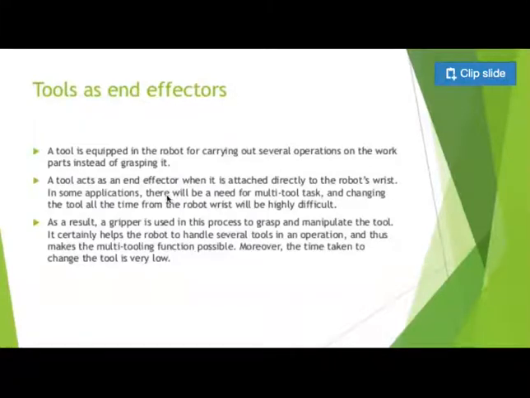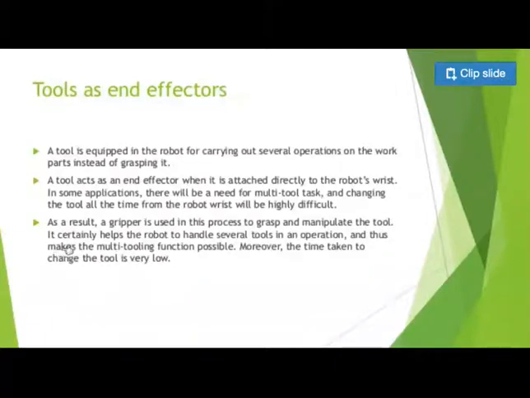In some applications, there will be a need for multi-tool tasks, and changing the tool all the time at the robot wrist will be highly difficult. As a result, a gripper is used in this process to grasp and manipulate the tool.